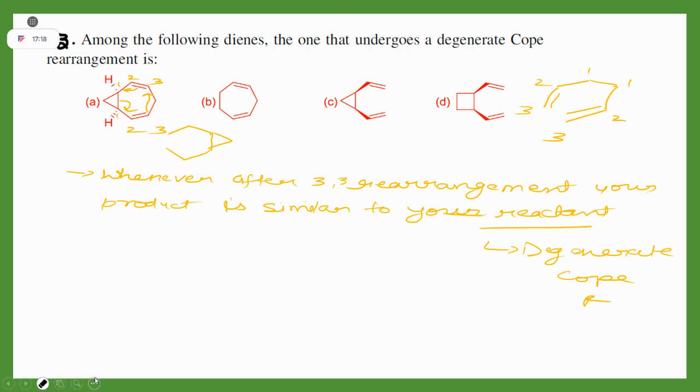Yes or no? Apart from this, for the sake of understanding, I am drawing it like this. Yes, this double bond will come here. They have already made a bond, and this double bond will come here, right? So basically, after the reaction, it has been formed like this or not?